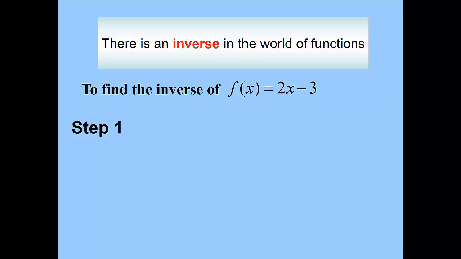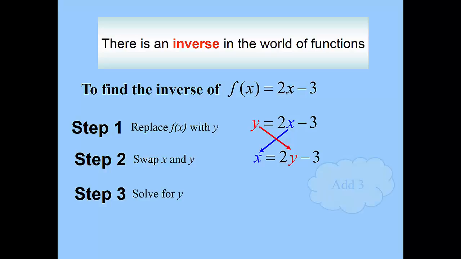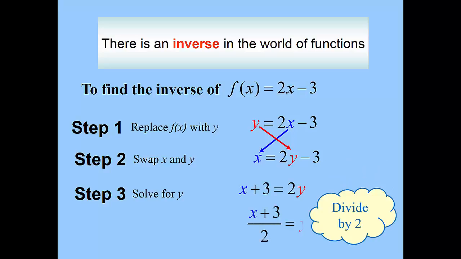steps. Step number 1, change the f of x to y. Step number 2, switch places with the x and the y. Step number 3, solve for the y. Add 3 to both sides. Divide by 2.